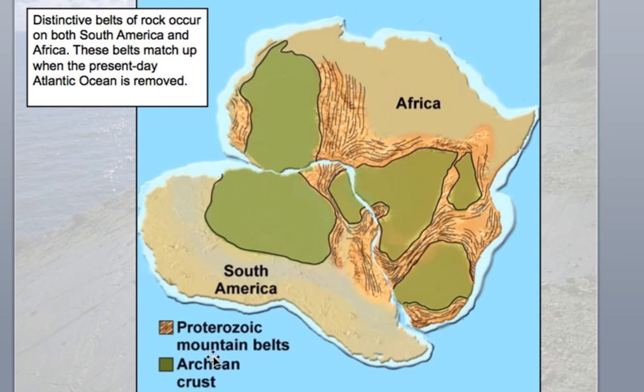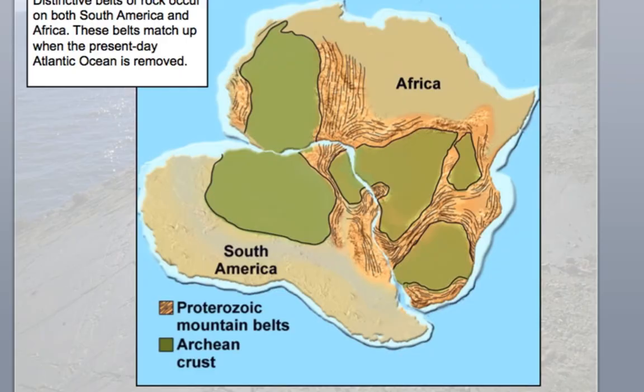So these are older than 2.5 billion years old. Proterozoic rocks are also really old, anywhere from about 542 million to about 2.5 billion years old, so a little bit younger. The key thing about these Proterozoic belts is that they usually came after, because you're going to suture these small Archean continents along these Proterozoic suture belts. But when you reassemble Gondwana, you see that the mountain belts conform. It makes sense there.